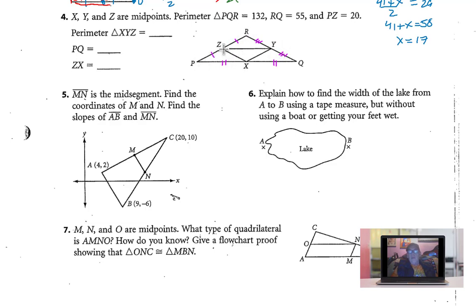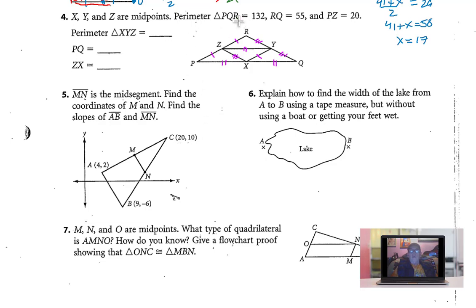This ZX length is going to be the same as YQ, or half the distance of RQ. And this ZY length is going to be the same as PX, or XQ, or half the distance of PQ. So we can actually mark these with their appropriate congruence marks also. XY equal to this one equal to this one equal to this one.